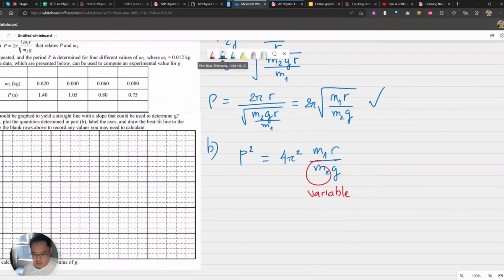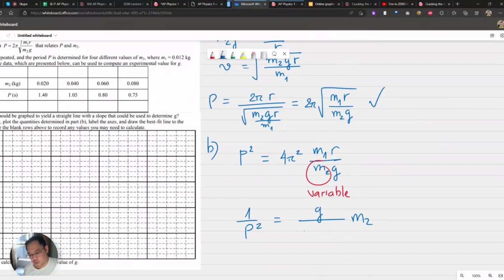Reverse this equation first, meaning 1 over p squared equals g m2 over 4 pi squared m1. M2 I can write outside because that is the variable, and this is the gradient in front of it.